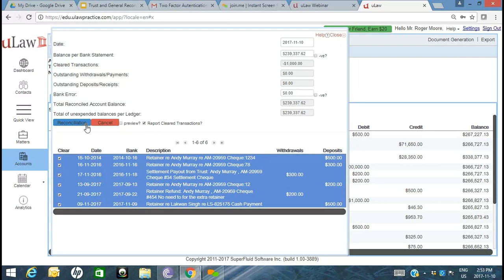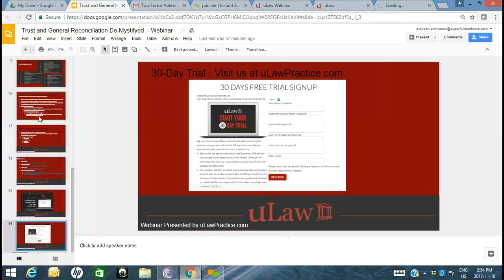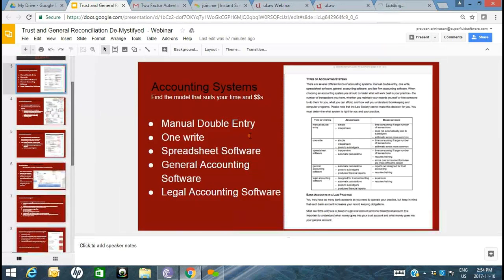So all you have to do is quickly jump out of the screen, go into that particular matter, go into the retainer, change the date, deposit that retainer, and come back here, and it's going to reflect that.